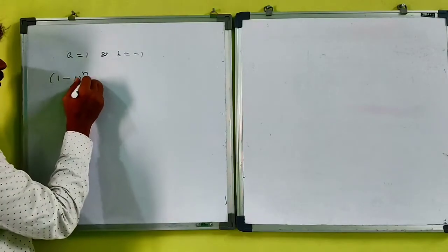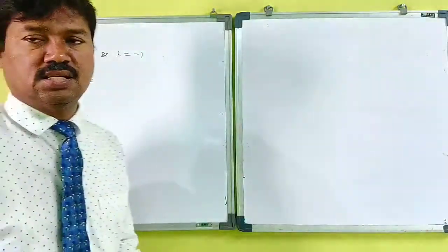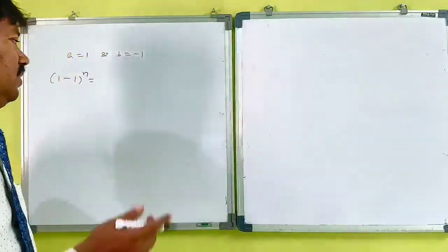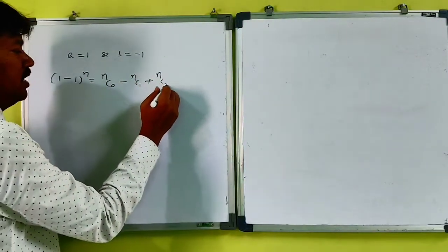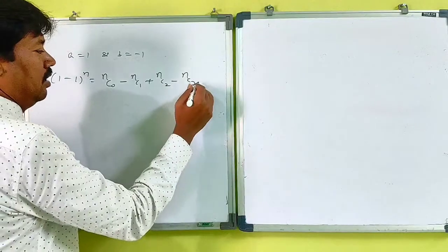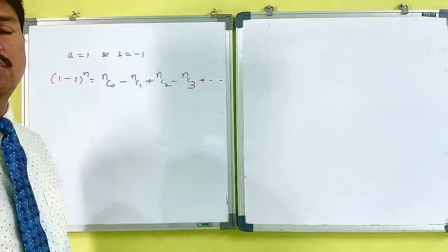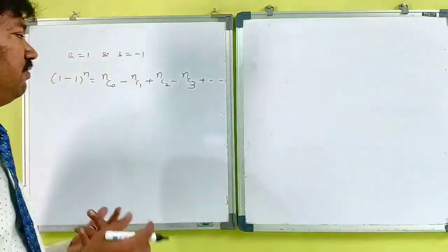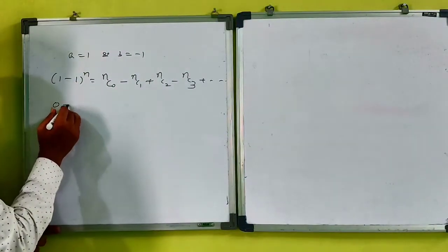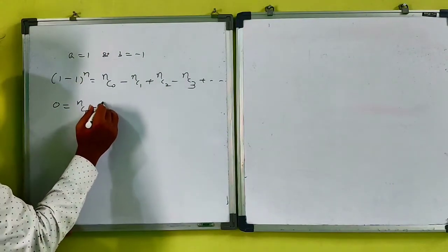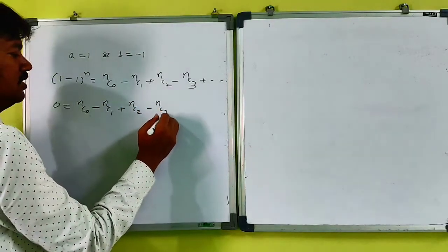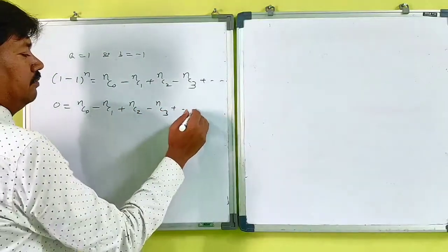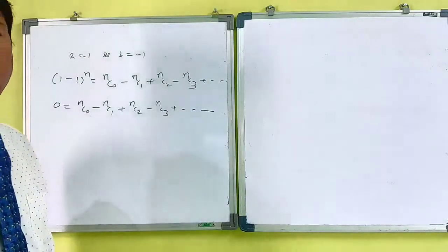This expression becomes alternate plus minus sign. So it is nC0 minus nC1 plus nC2 minus nC3 and so on. So clearly from this, the left hand side becomes 0. So 0 is equal to nC0 minus nC1 plus nC2 minus nC3 and so on.